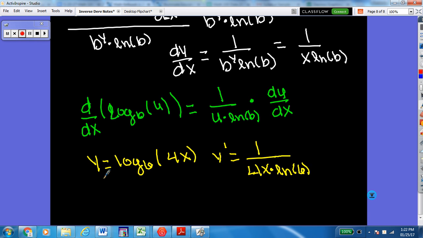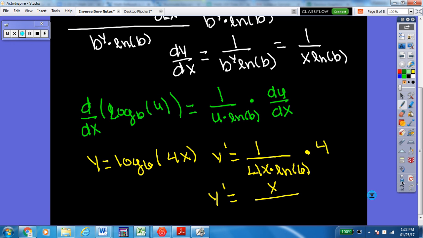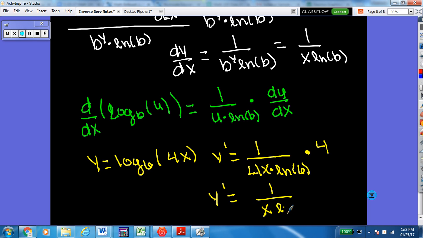So that's the formula for the derivative of the log base 6 part. And then we're going to multiply that by the derivative of the inside, which in this case is 4. And we're going to simplify the 4s, getting that the derivative of y is... excuse me, that is not right. It's 1 over x times the natural log of 6. Sorry about that. And then that's it.